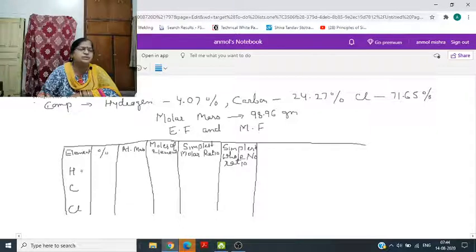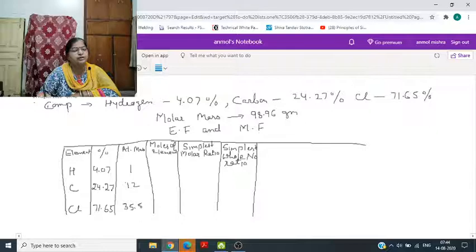Hydrogen percentage is given as 4.07%, carbon 24.27%, and chlorine 71.65%. Atomic mass of hydrogen is 1, carbon is 12, and chlorine is 35.5.